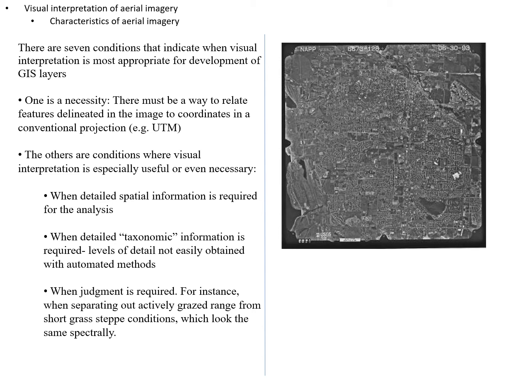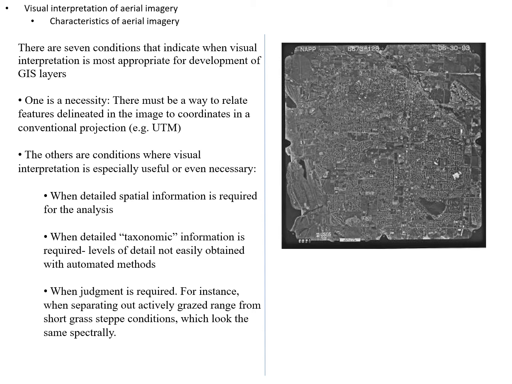So these are things that you wouldn't necessarily be able to train a classification approach for because you've only got a few examples, but it might be obvious using visual interpretation. When you want detailed taxonomic, I've got that in quotes, information.